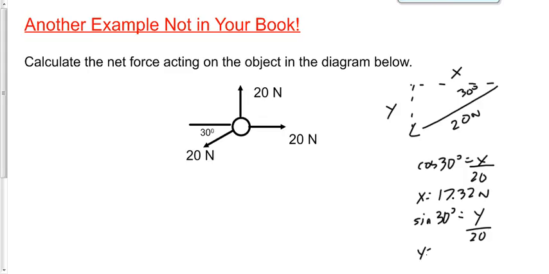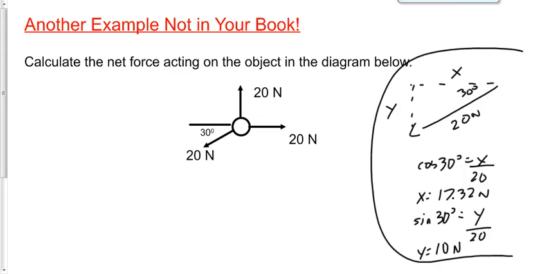Y ends up being equal to 10 newtons. There we go. We can, if we want, redraw that 20 newton vector with a 17.32 newton and a 10 newton vector. And then we can just pretend this isn't here anymore. It's all gone.